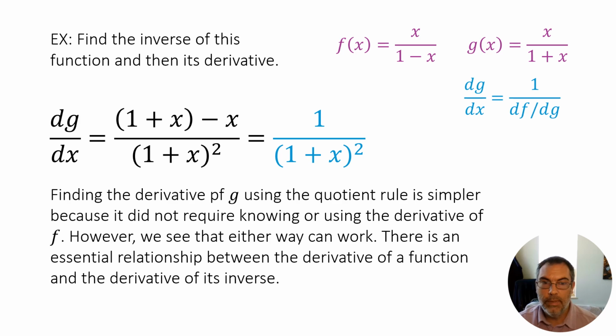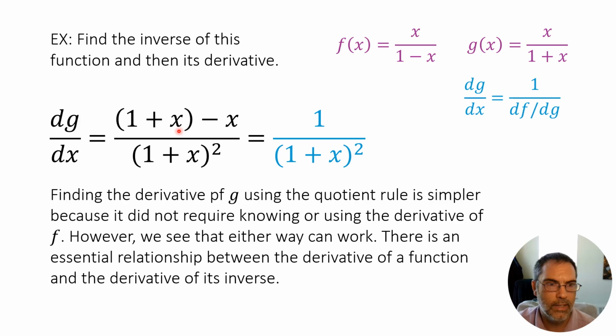Now, the other way we can find the derivative of this inverse, if we have the function, is just take the derivative of this using the quotient rule, just like we did from the original function. So I just want to show that this works and you get the same answer both ways. So let's take the derivative of this using the quotient rule. So we do the bottom times the derivative of the top, right?